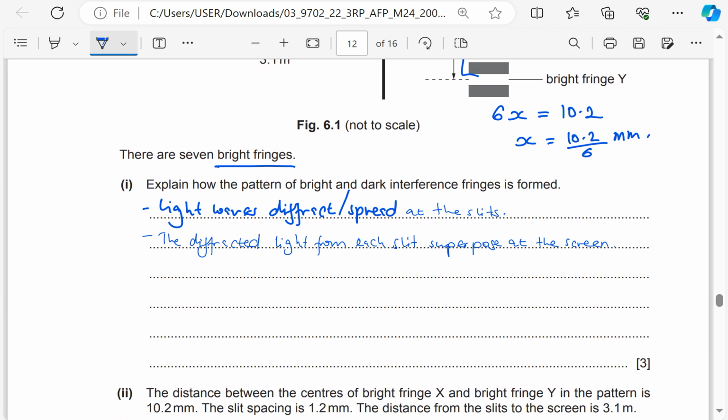So if the waves meet with a phase difference of 0, a bright fringe or intensity maximum is formed.